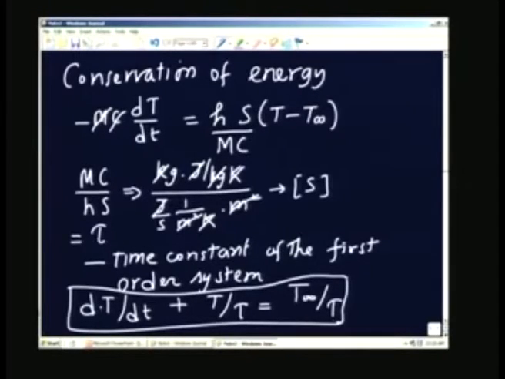So, the first derivative of the temperature of the system or the thermometer with respect to time plus T by tau equals T infinity by tau, and we reaffirm that T infinity could be a function of time. If you want, you can indicate here explicitly that it is a function of time.